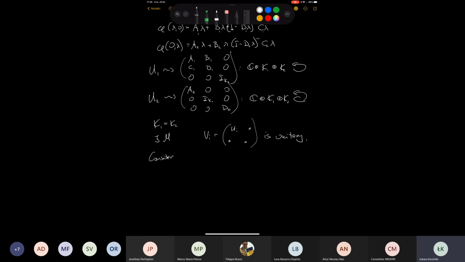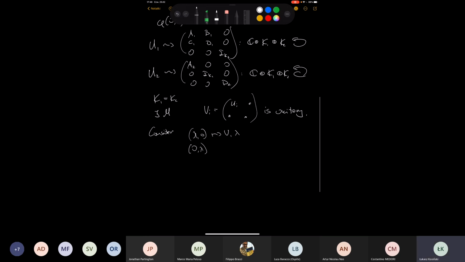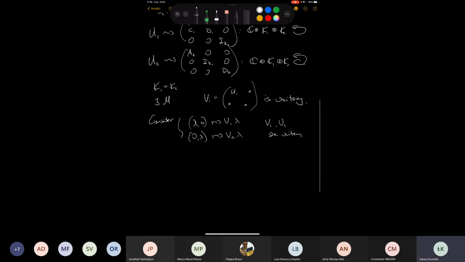Consider this mapping. So here V1 and V2 are unitary. Okay, so this mapping goes from T to the ball of B of M. Actually, it's not B of M, it's B of K plus M.